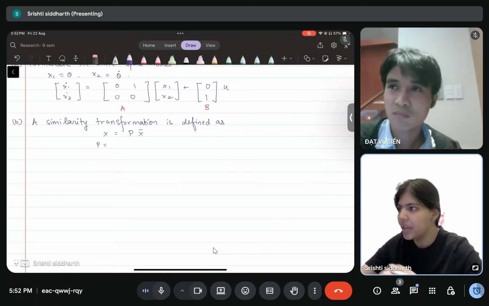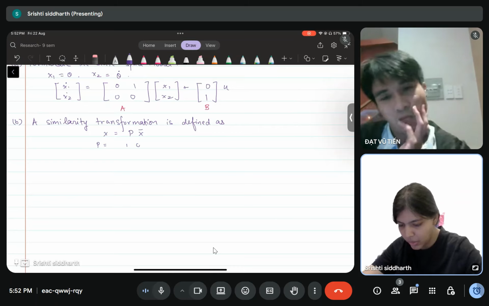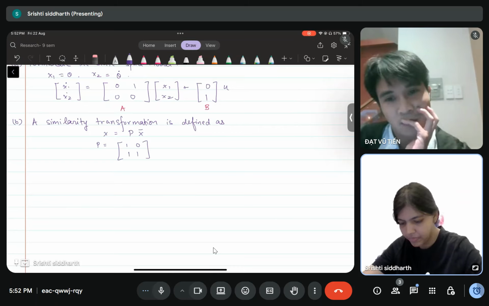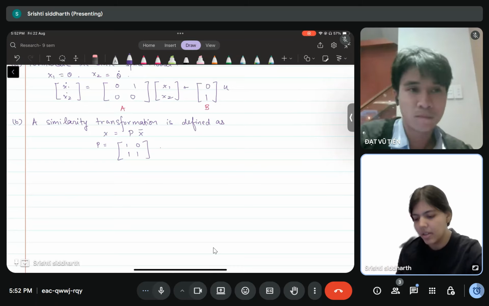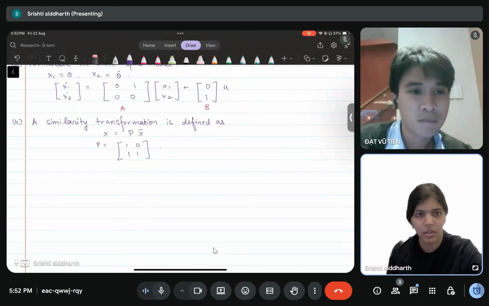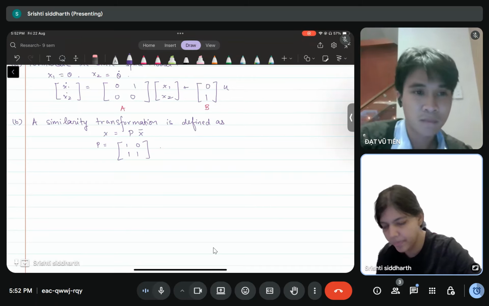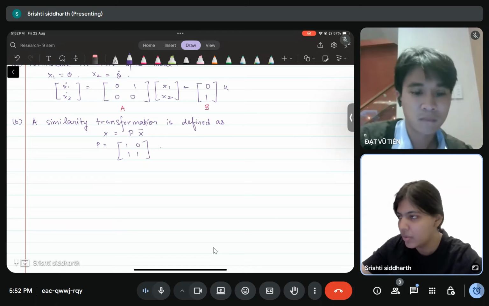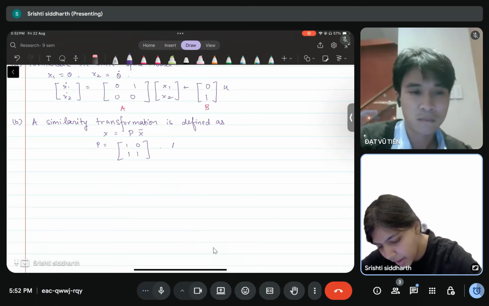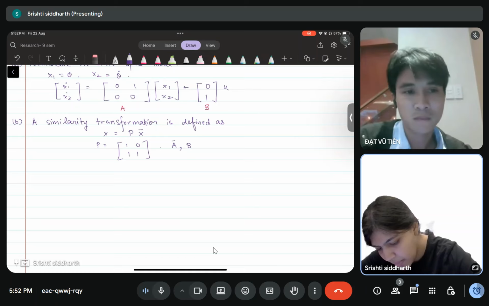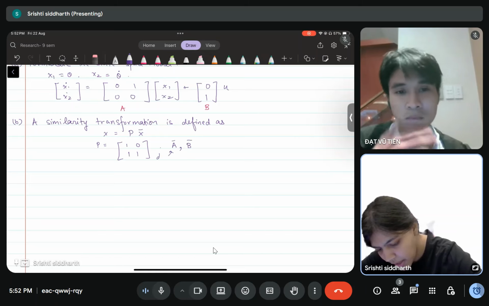So let's say P is 1 0 1 1, this form under the class of transformation matrices. So what do we need? We need to first check if P is invertible and then find out if we have some A bar and B bar, and if A bar is diagonal.